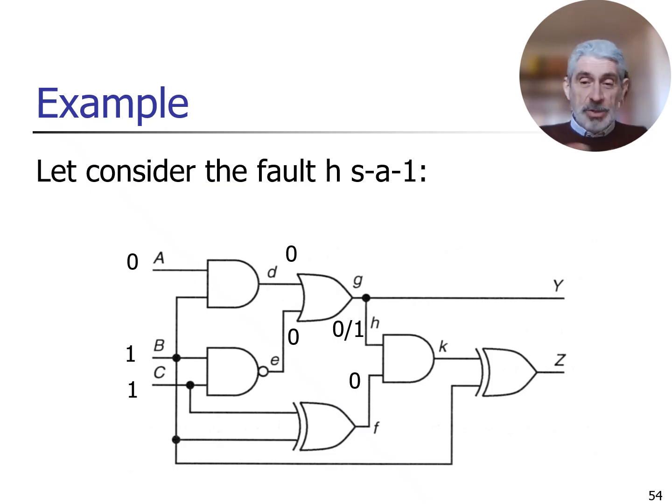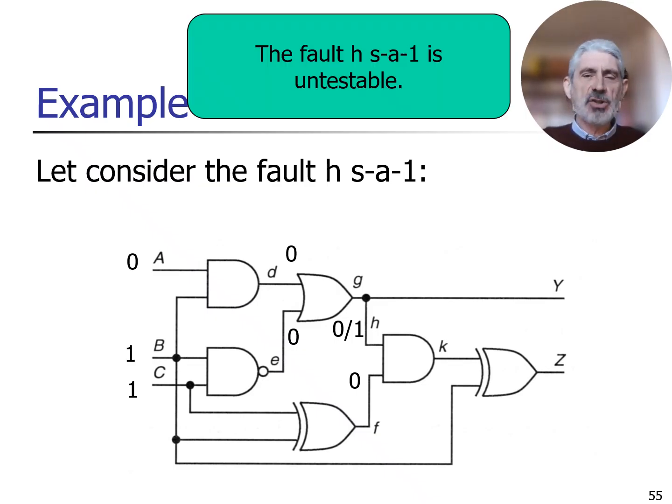So the two sets of conditions cannot be combined, and this means that the fault cannot be tested, that there is no input vector able to detect this fault. For this reason, this fault is labeled as untestable. I cannot test it. Now, a few considerations about what this means.